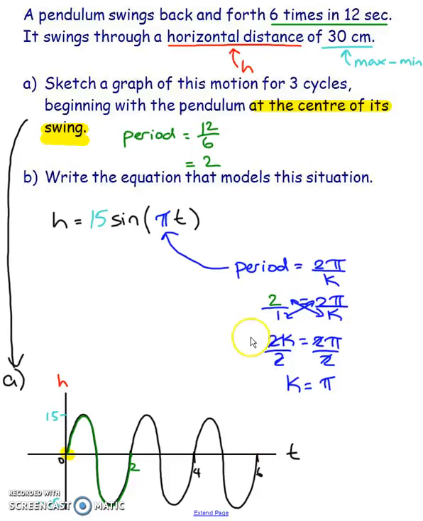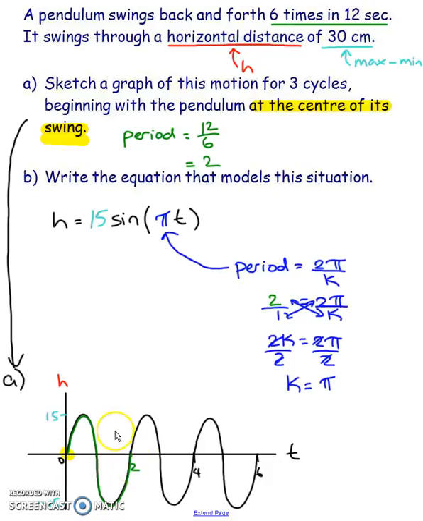You know that 12 seconds will give you 6 swings. So if I divide those, I'll get my period. That means that there should be 2 seconds for 1 swing. So that's my period right there.